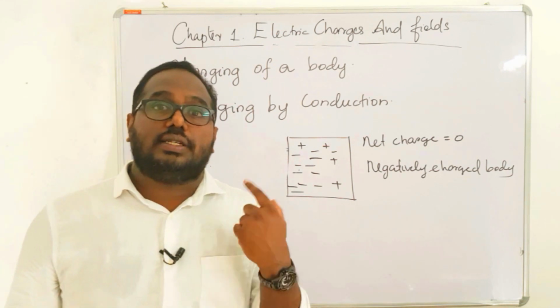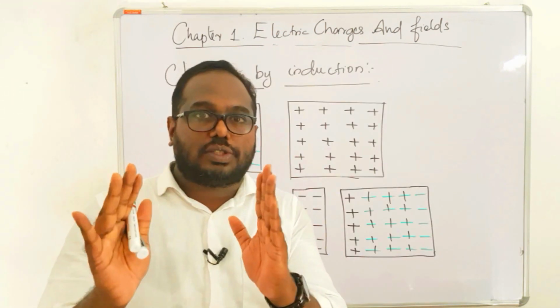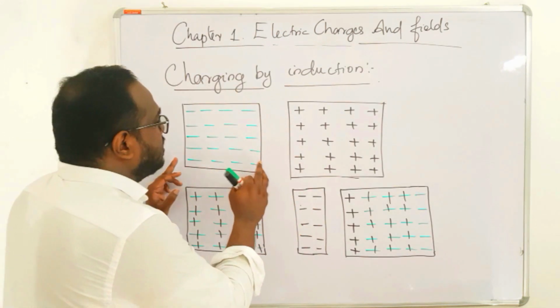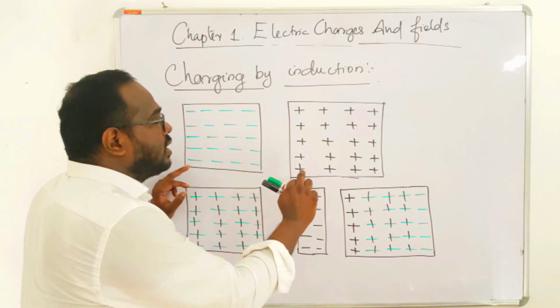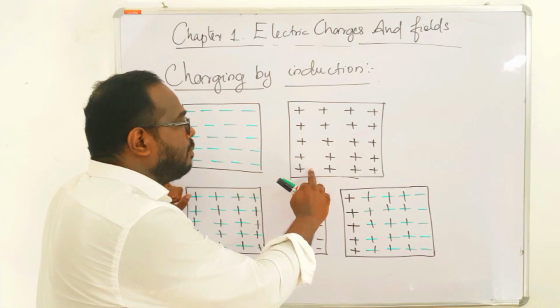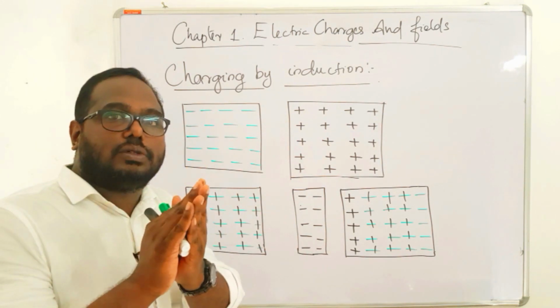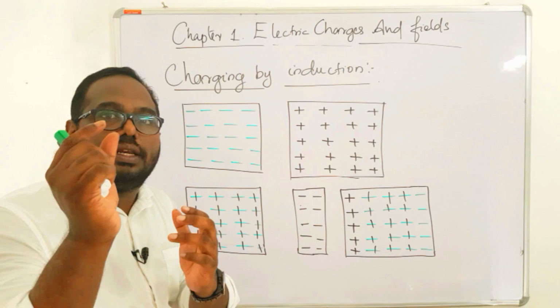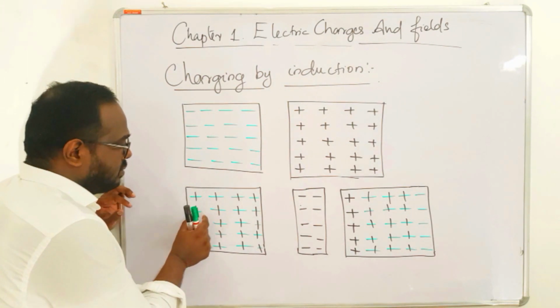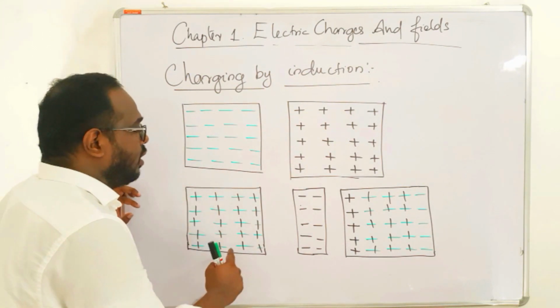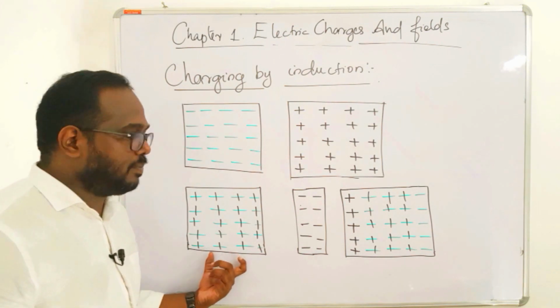Okay, next is charging by induction. I will demonstrate that process. Actually, this green color is negative charge and this black color is positive charge, okay? Inside the material, look at this atom, plus and minus, an equal number of plus and minus, right? This is a neutral body.